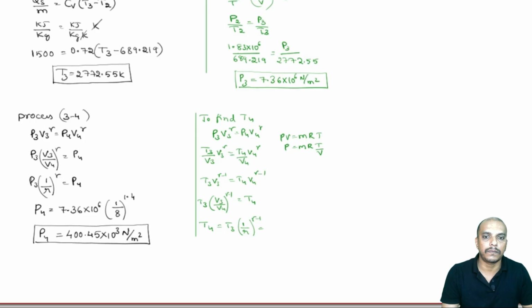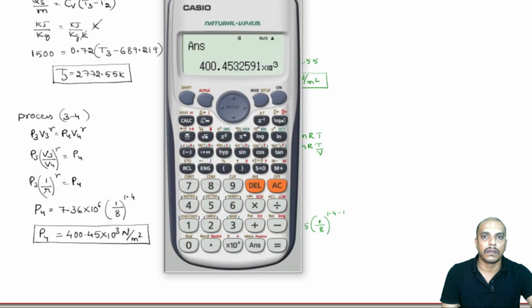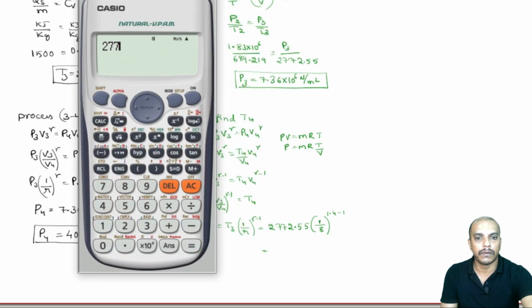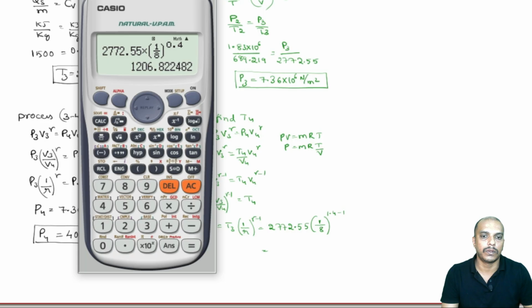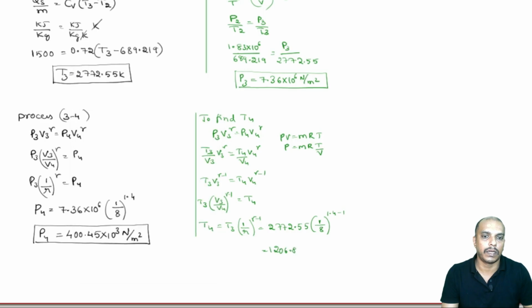Now, what is T3? T3 we have found out: 2772.55 Kelvin into 1 by 8 power 1.4 minus 1, that is 0.4. Let us solve this: 2772.55 into 1 by 8 whole power 0.4 gives 1206.82 Kelvin.